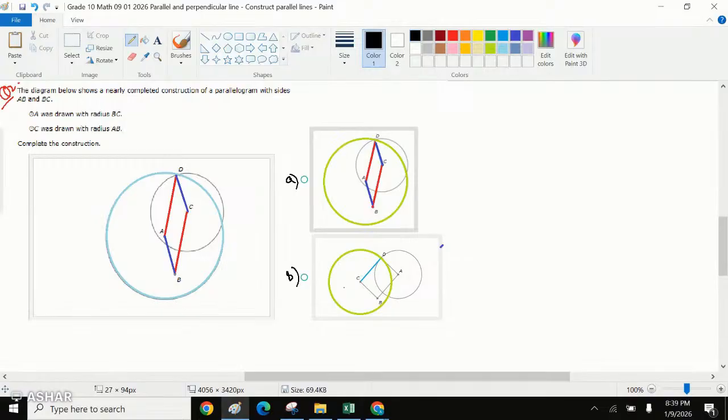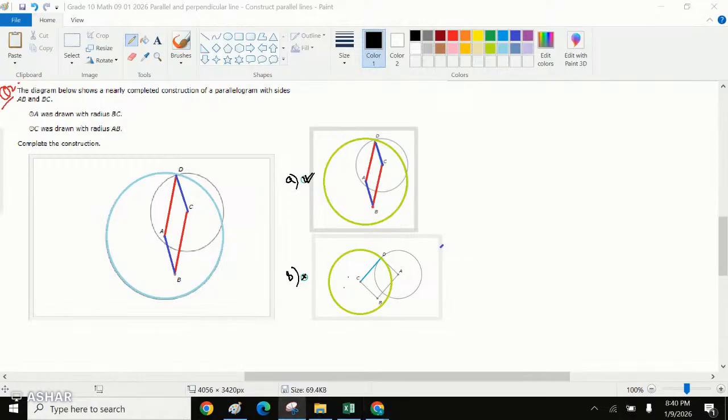If the diagrams were the same, like option A with different lines, then we would have to complete the diagram. But if option A looks like the question and option B is very different, then we know that B is not possible. Then A has to be the answer, so we simply go for the answer. Moving on, we click on option A and it shows it's correct.